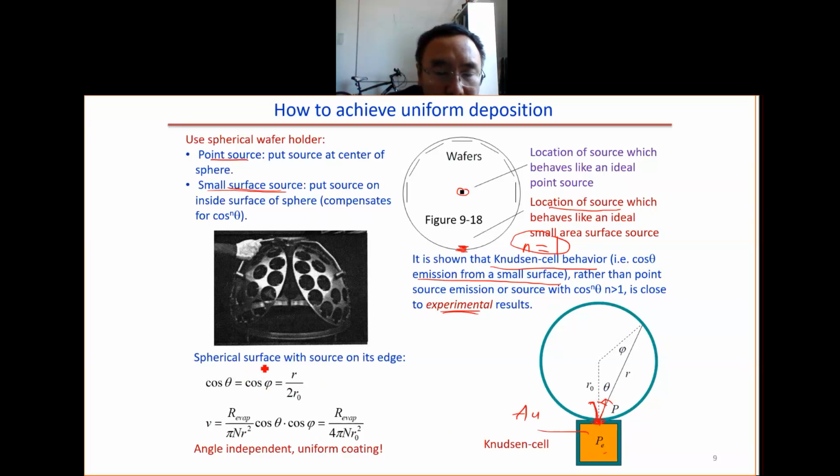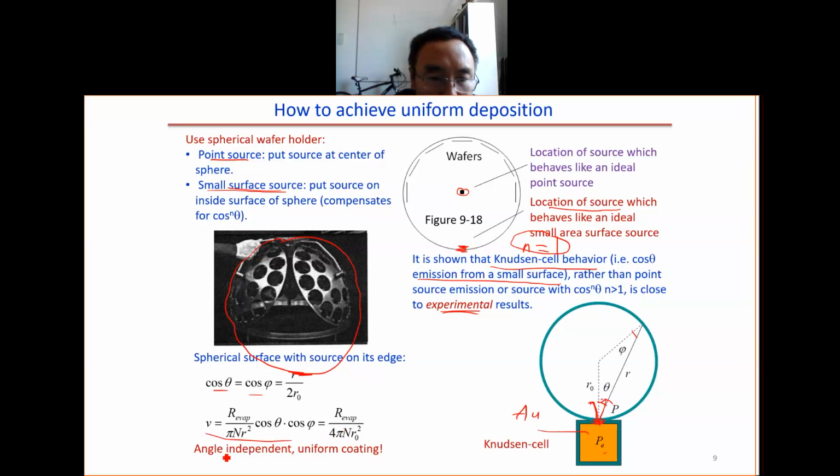For the spherical surface, you draw a sphere here, and you put your source here, and you put your wafer like this. So cosine theta equals cosine phi equals r over 2 r0. Then the deposition rate is given by cosine theta cosine phi equals this one.